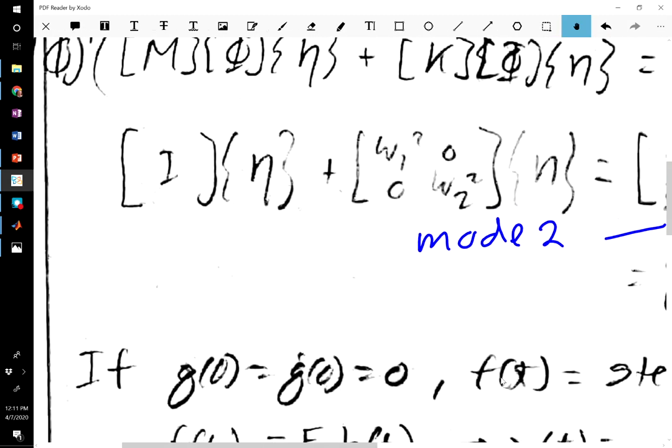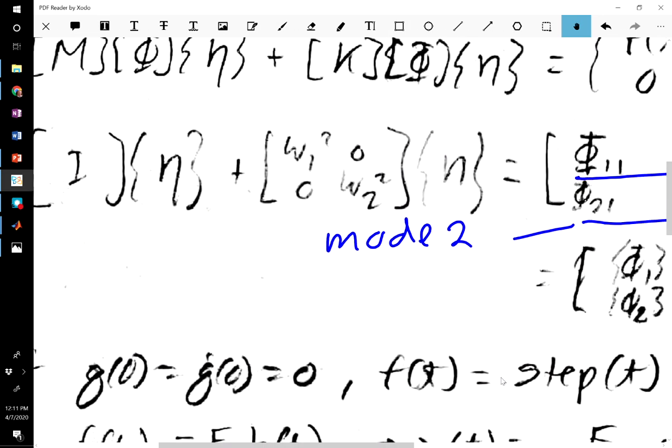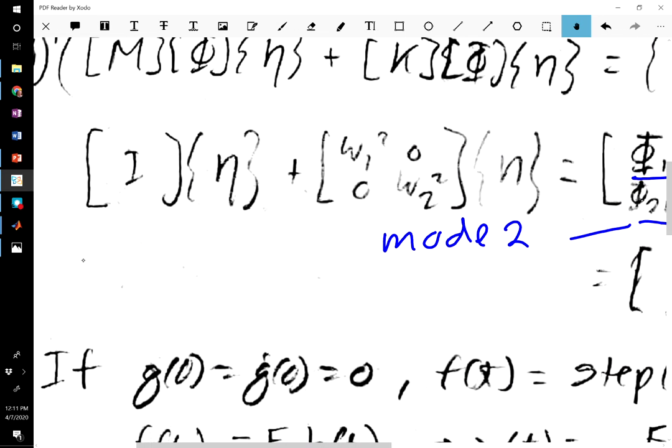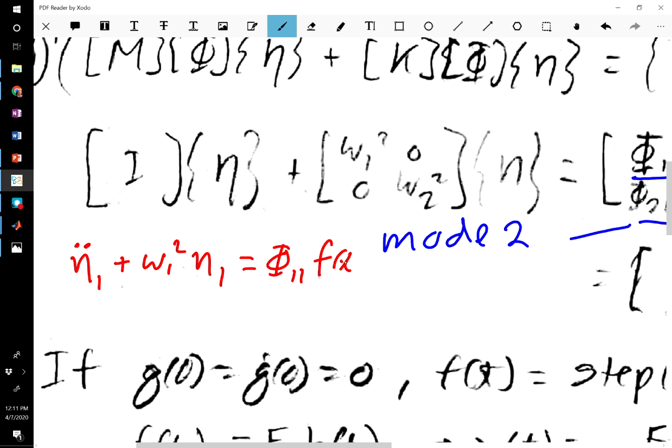If we wanted, we could write those out in more detail, just in case you're struggling with linear algebra here. The first equation would be eta 1 double dot plus omega 1 squared times eta 1, equal to phi 1,1, the scalar, times f of t. And then we'd have a similar equation for mode 2.